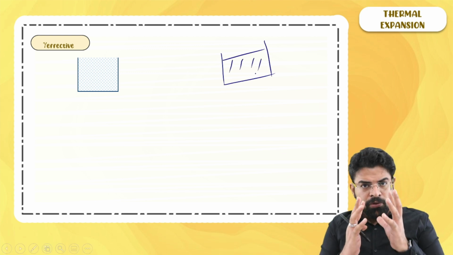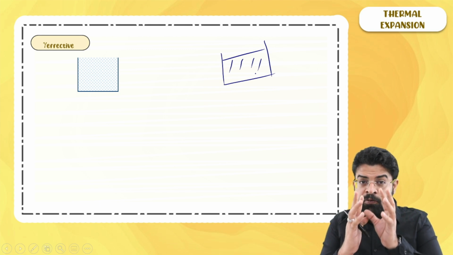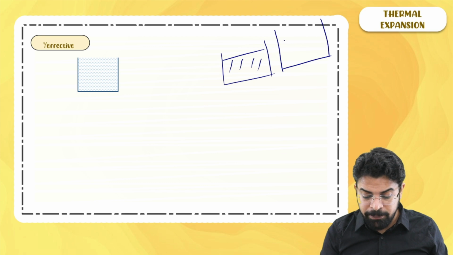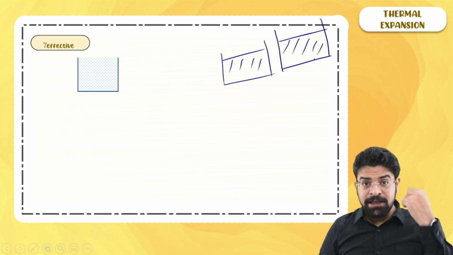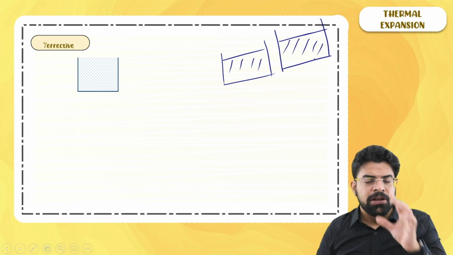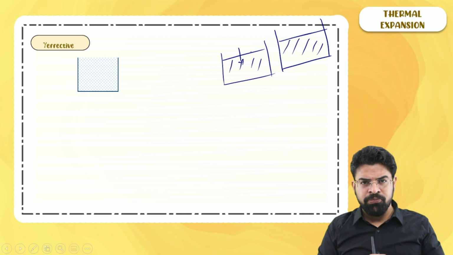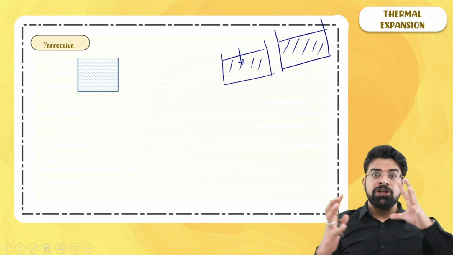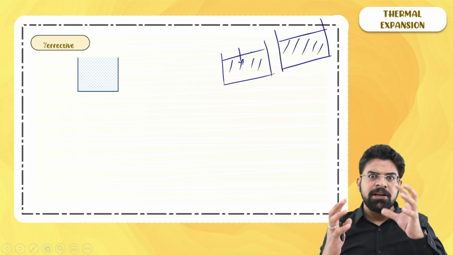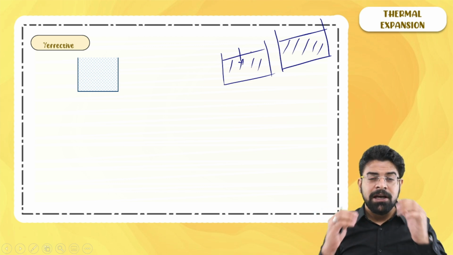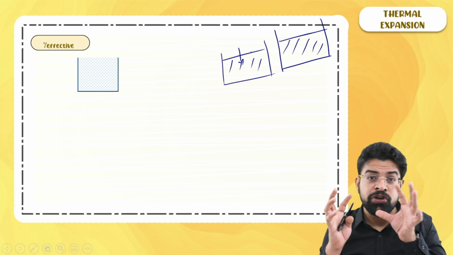On heating, both the container and the fluid expand, so the apparent increase in the volume of the fluid appears to be less than the original. Think of one extreme case. Let's say the fluid is not expanding at all, but the container expands a lot. Then the level of fluid will appear to decrease. It will appear as if the fluid is shrinking, right?